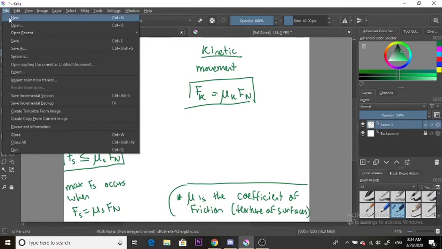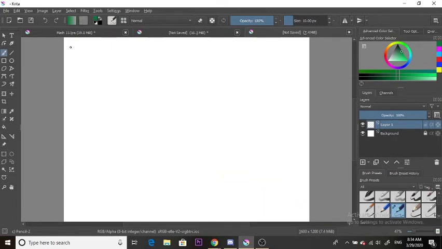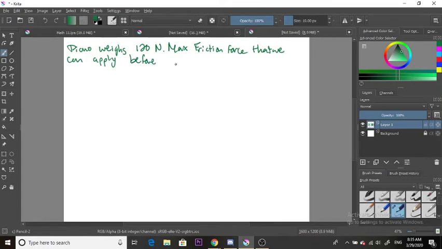So let's take a look at a couple of examples. Let's say we have a piano that weighs 120 newtons, and we want to know what is the max friction force that we can apply before it starts moving.